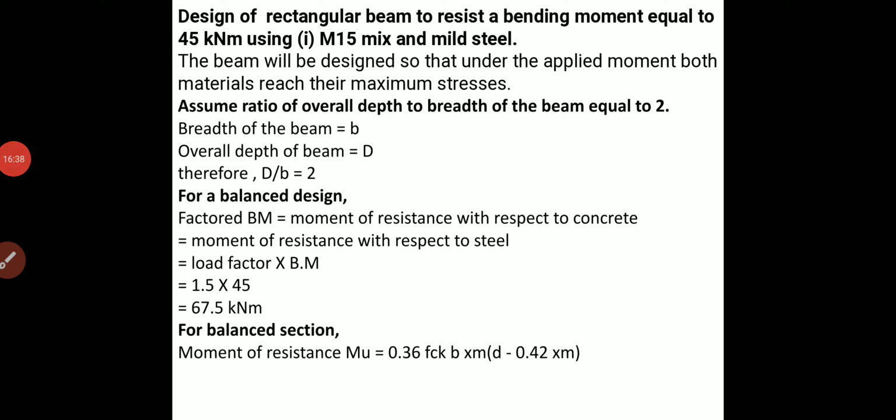For a balanced section, moment of resistance Mu equals 0.36 fck B xm (d minus 0.42 xm). Put these values: 0.36 fck, where the concrete grade given here is M15, so fck value is 15.